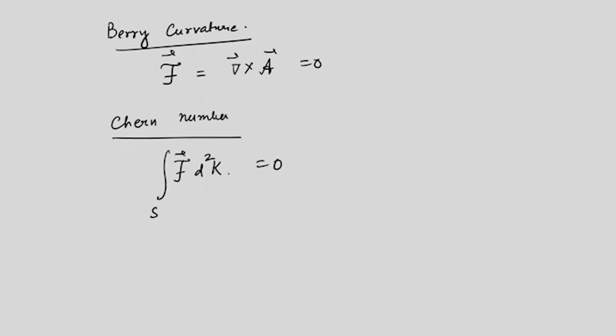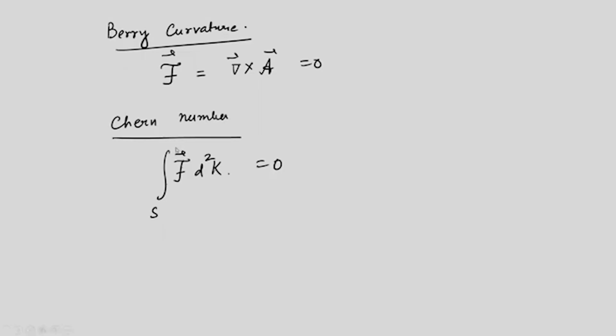Okay. Now, Chern number equal to 0 is not a surprising result, because you need broken time reversal symmetry in order to have a finite Chern number. However, we have shown that that is not the case. We have time reversal symmetry for graphene, and that is why the Chern number becomes equal to 0.